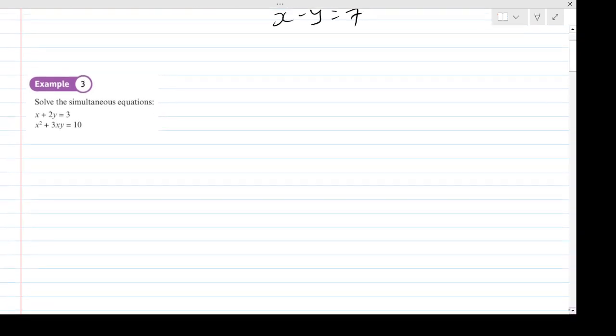Let's have a look at this example here. Solve these simultaneous equations. x + 2y = 3, and x squared, which means it is now a quadratic simultaneous equation. So that's a quadratic term in x squared + 3xy. Now this is also a quadratic because it's multiplying two algebraic terms together.